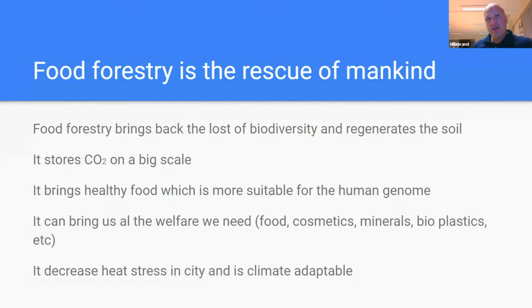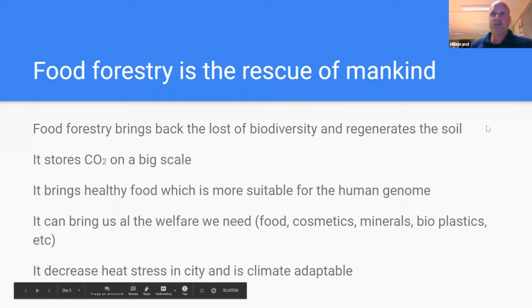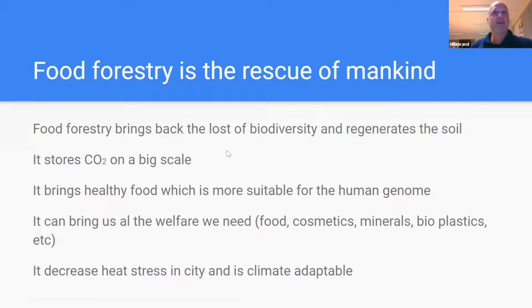But food forestry can bring back for a big part the loss of biodiversity, and also can regenerate the soil, what Fransjan was speaking about. The other big benefit of food forestry is that it stores CO2, on a big scale, and for a human being it's more important because it brings healthy food, which is more suitable for the human genome.